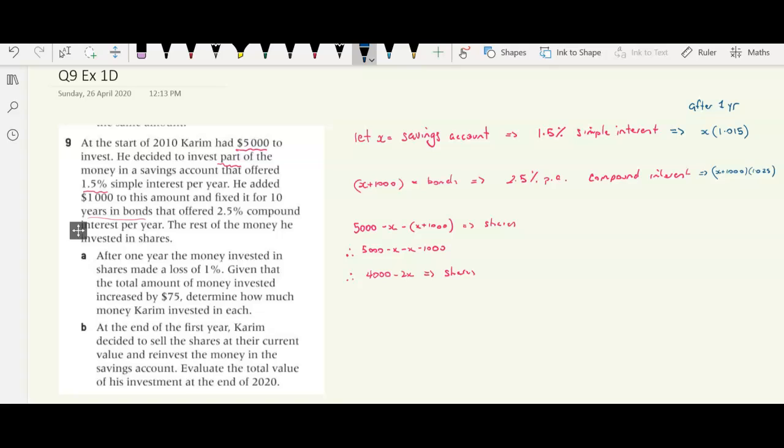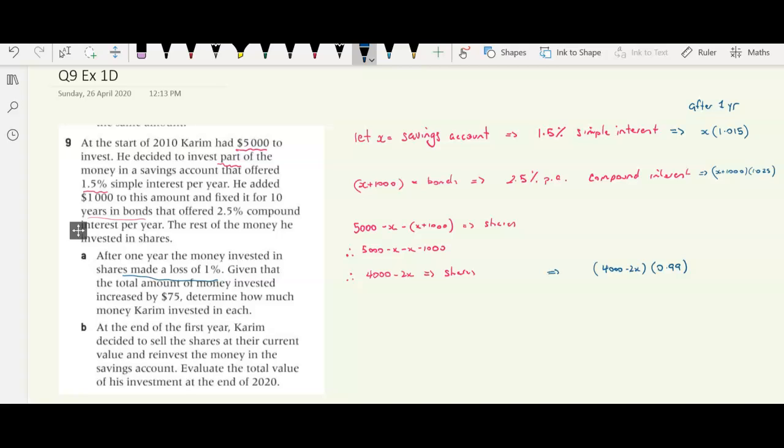And now we've just been told that the shares made a loss of 1%. So our 4,000 minus 2X after 1 year loses 1%. So that's 0.99, it's 99% of what it was.